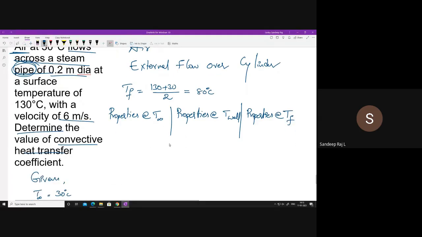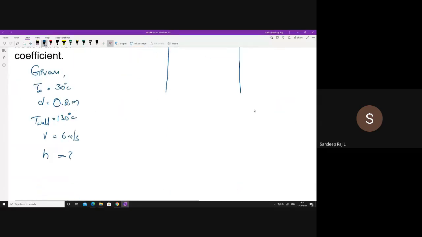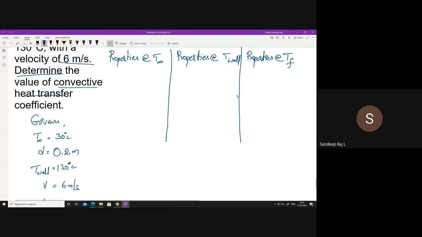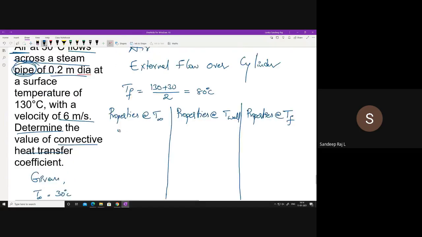Okay. So these are the three cases which you should keep in mind. This is at 30 degrees centigrade, this is at 130 degrees centigrade, and this is at 80 degrees centigrade.